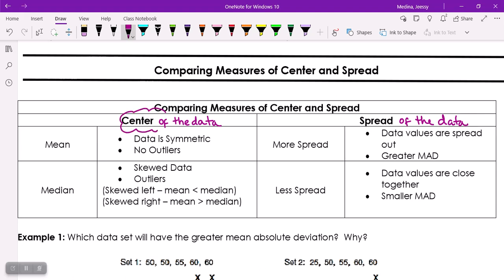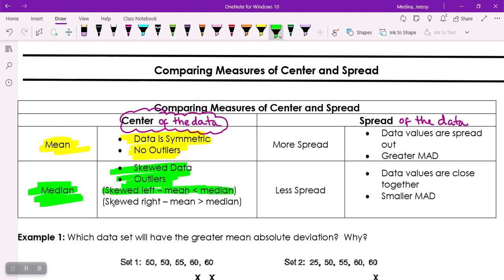We compare the centers by looking at the mean or the median. Here's how you know which one you're using. You're going to use the mean if your data is symmetric and you have no outliers. You're going to use the median if you have skewed data with outliers. If you're skewed left, the mean is smaller than the median. If you're skewed right, then the mean is greater than the median. Clear?